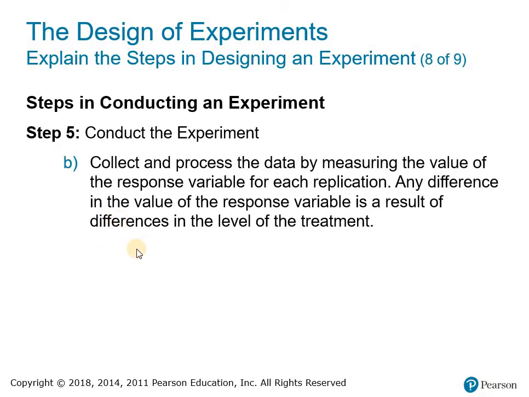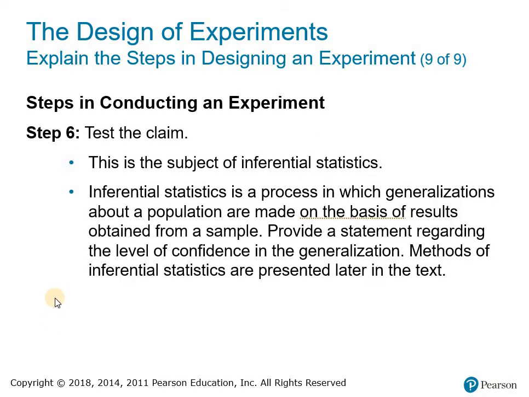Collect and process the data by measuring the values of the response variable for each replication. Any difference in the value of the response variable is a result of differences in the level of the treatment. Then we're going to test the claim. This is the subject of inferential statistics. Inferential statistics is the process in which generalizations about the population are made on the basis of results obtained from the sample.